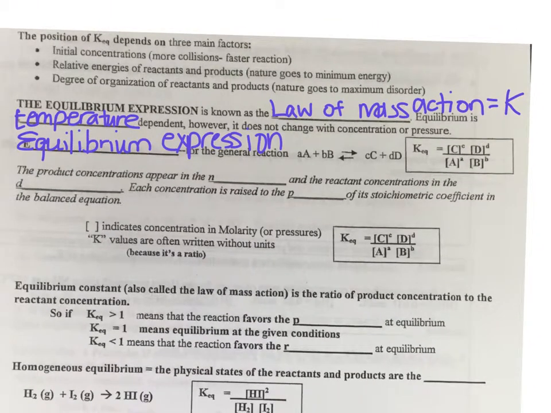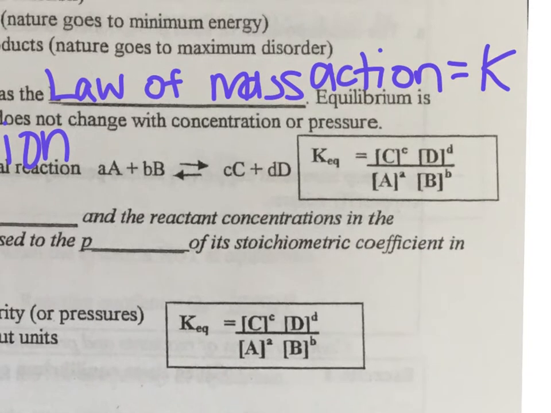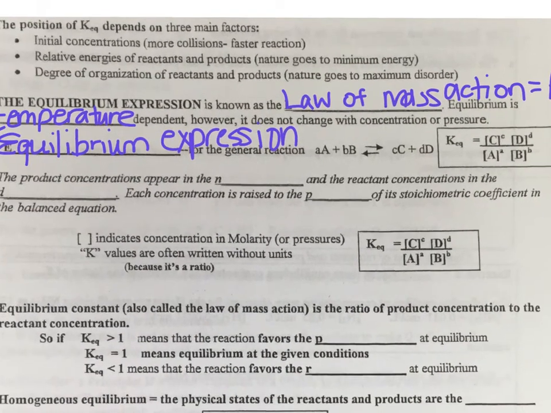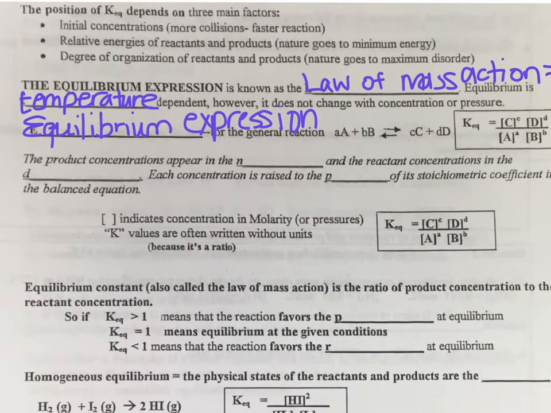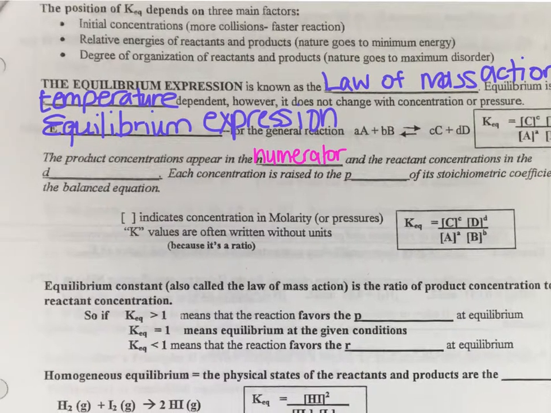So it's going to be products over reactants, and what do you notice? What are those little letters representing? Coefficients, and if you notice, we're making them be little exponents. Do you see that? And so that's where your mole ratio is going to come into play again, okay? All right, so your product concentrations appear in the numerator. And the reactant concentrations in the denominator.